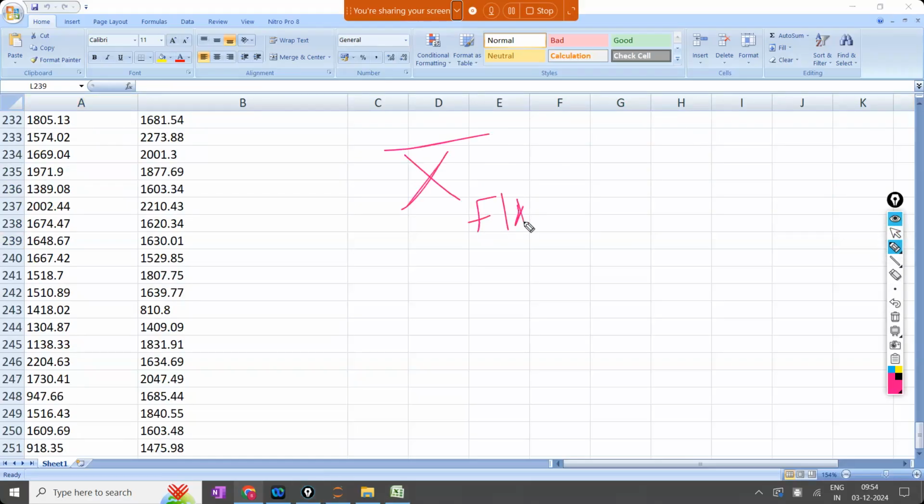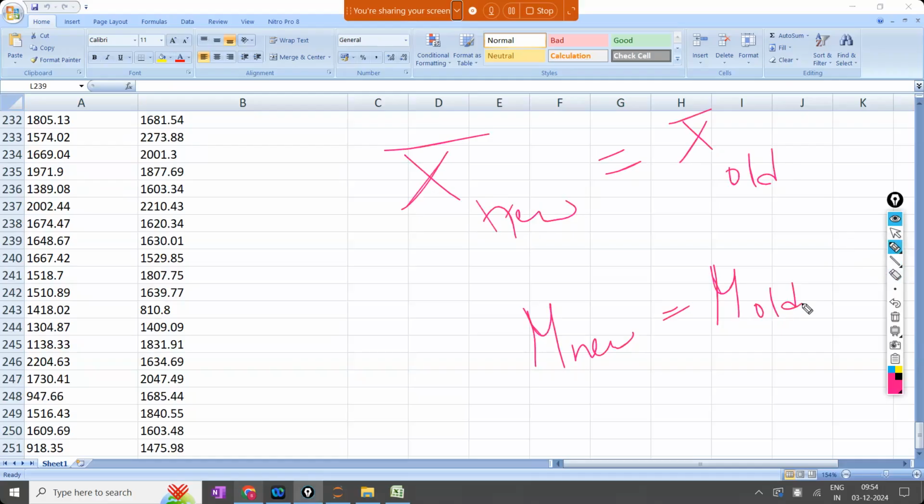Sample mean of new offer. What is the new offer? That is full interest rate waiver. Or simply I will write here new offer. You are comparing the sample mean of the new offer with the sample mean of the old offer. But I don't want this. I want to check whether the population mean of the new one and the population mean of the old one are the same or not. This is my question.